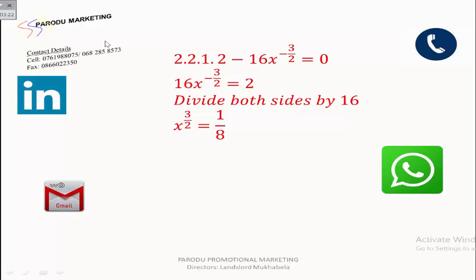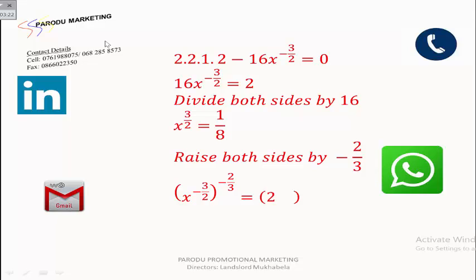And if you divide both sides by 16, 2 divided by 16 is the same as 1 over 8, right? So right now, since you have basically raised both sides, what you do on the left, you do on the right. Again, to cancel out the exponents, you will then have to just go x to the power of negative 3 over 2 times 2 over 3. So those will clearly cancel out, and what you do on the left, you do on the right.